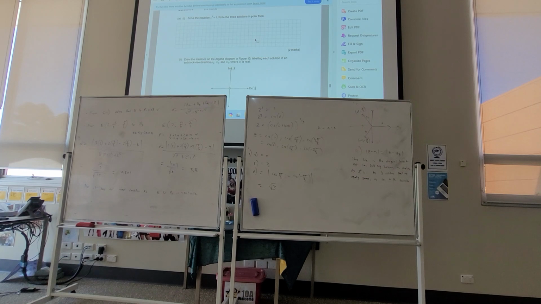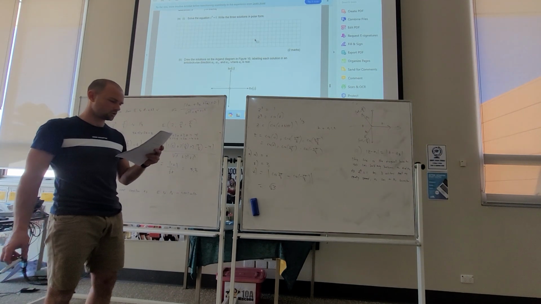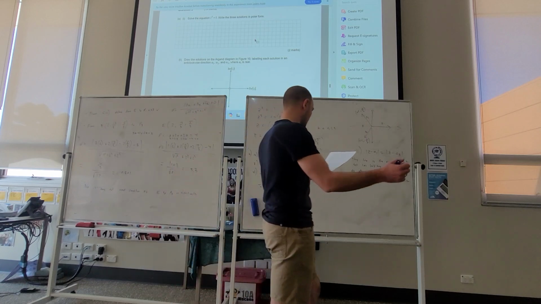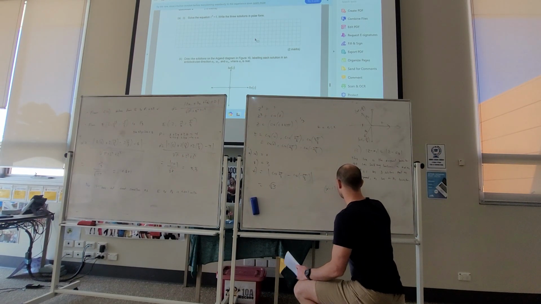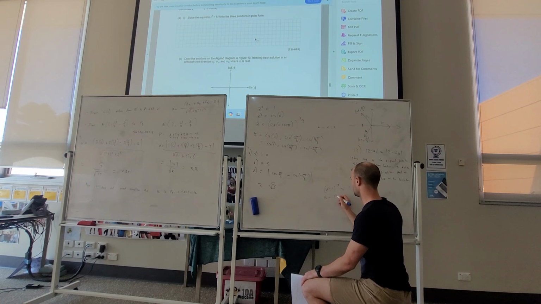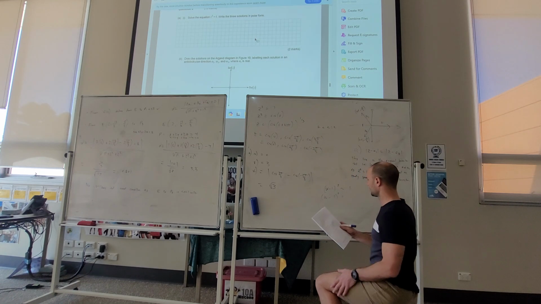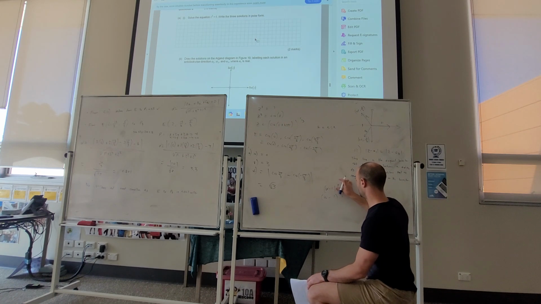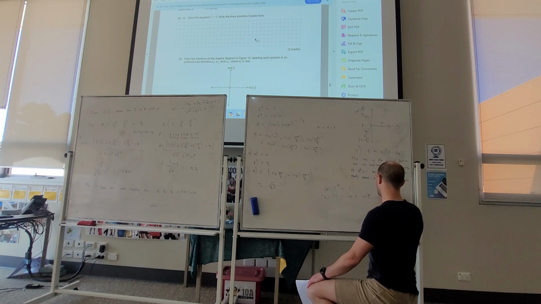Okay, consider the equation (w take 1) to the power of 3 equals 1. Show that the solutions to this equation are as given. All right, so what we have is (w take 1) to the power of 3 equals 1, so we would have w take 1 equals cis of 0, cis of 2 pi on 3, and cis of minus 2 pi on 3.